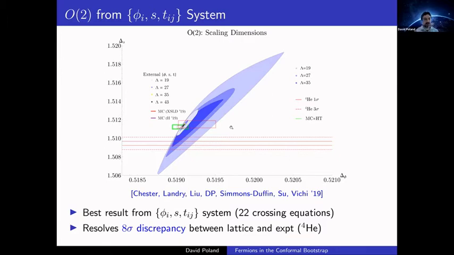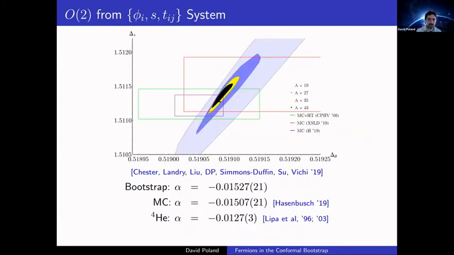So at the present time, we can basically compute a rigorous allowed region, which seems compatible with Monte Carlo values. So here's a close-up of the bootstrap island compared to exponents extracted from Monte Carlo. You can see that there's basically a beautiful overlap between our two regions.